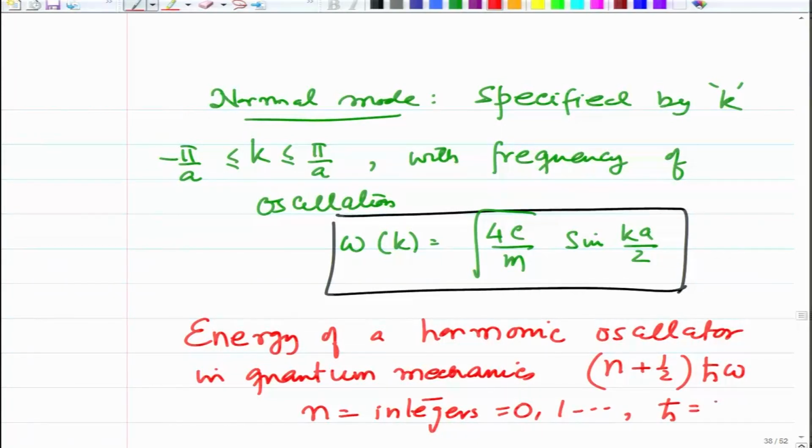H cross is h over 2 pi. This is the energy of a harmonic oscillator. You can explain a lot of properties of crystals if you also take these normal modes to assume energy according to quantum mechanics.